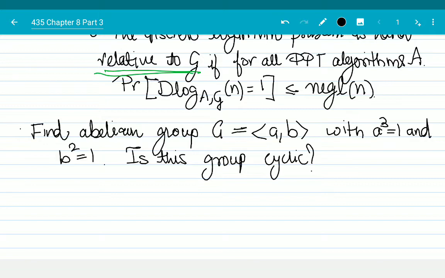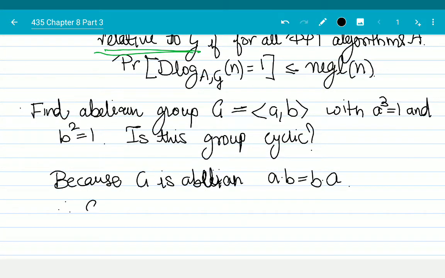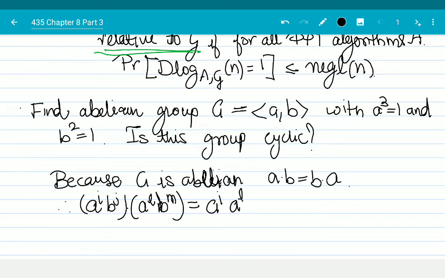Let us see what happens. Because G is abelian, A times B is equal to B times A. That is the definition of abelian. Therefore, A to the i, B to the j, multiplied by A to the l, B to the m is equal to A to the i, A to the l, times B to the j, B to the m, which is equal to A to the i plus l, B to the j plus m.